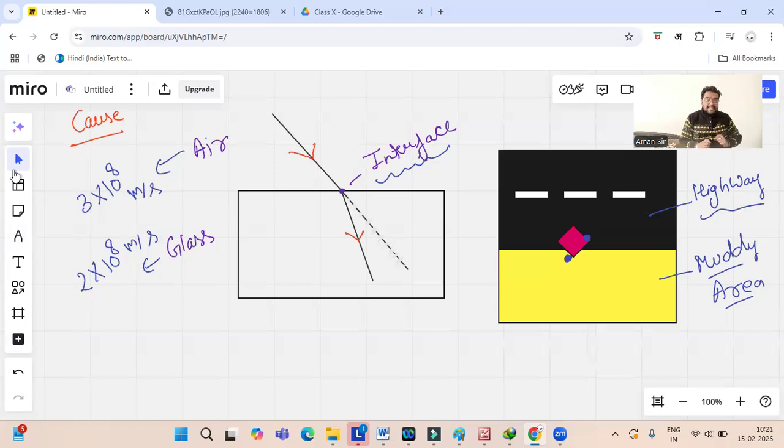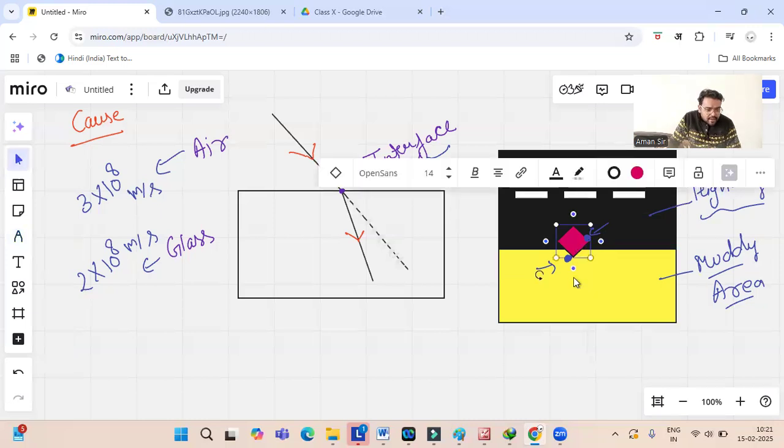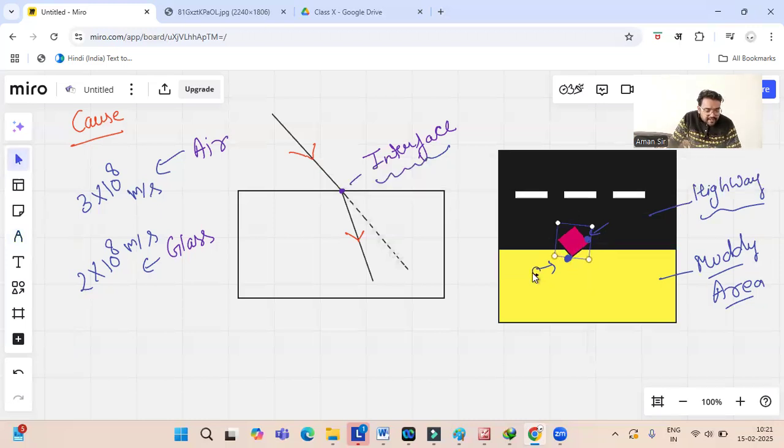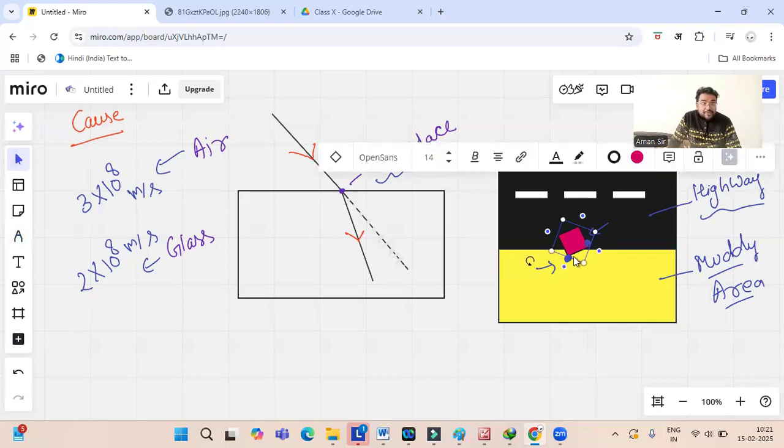That is the concept we can see here also. The speed of this particular wheel reduces, but the speed of this particular wheel is still the same. Due to this, the car will experience a sudden turn like this, and it will deviate from its actual path.